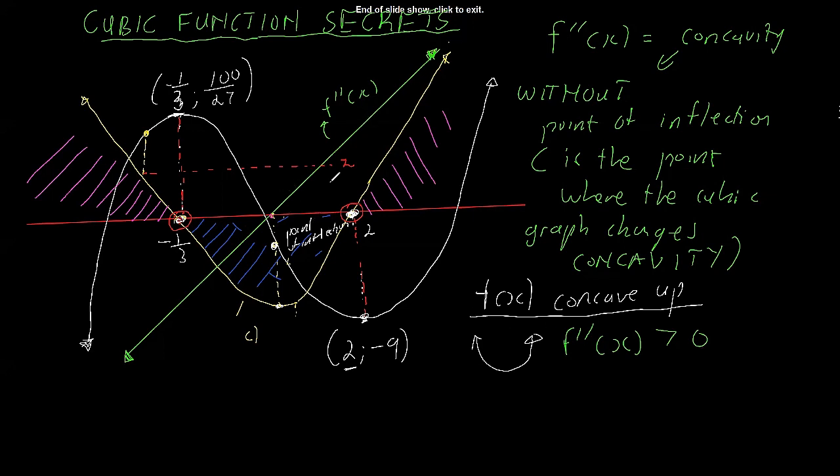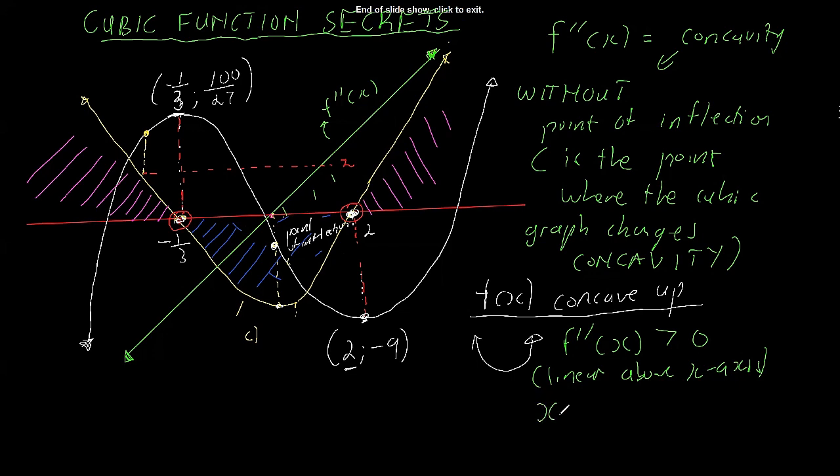So concave up, it's above the x-axis. The straight line starts being above the x-axis right after this point here, right after the point of inflection.